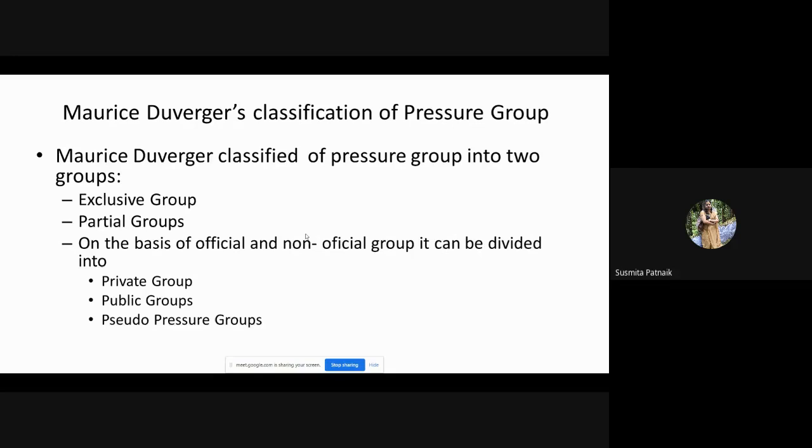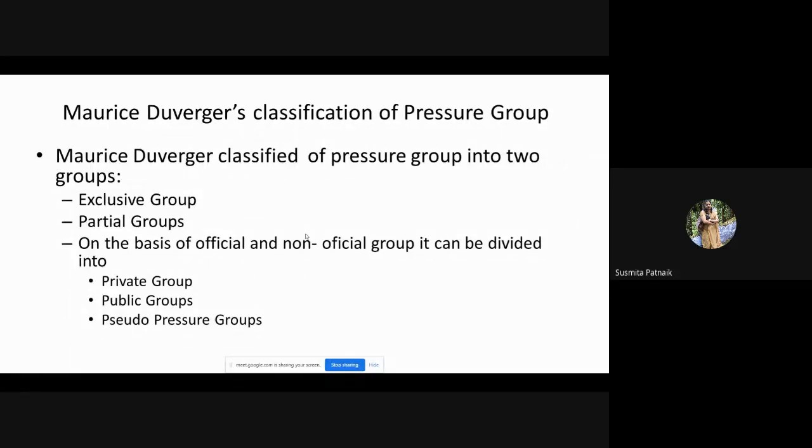They have to put the pressure upon the political system to get the public policy in favor of them. While in the case of partial pressure groups, they are essentially set up not to put pressure but to promote the interest of their members.